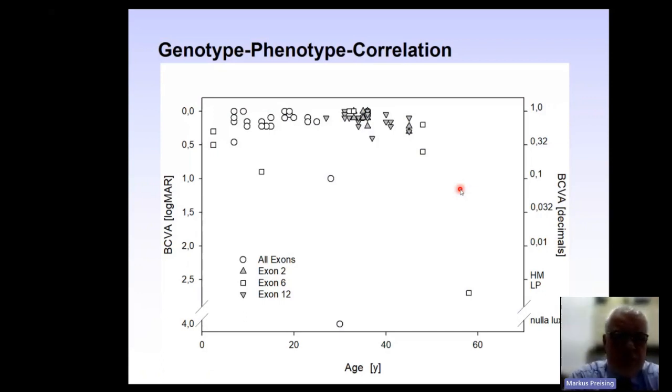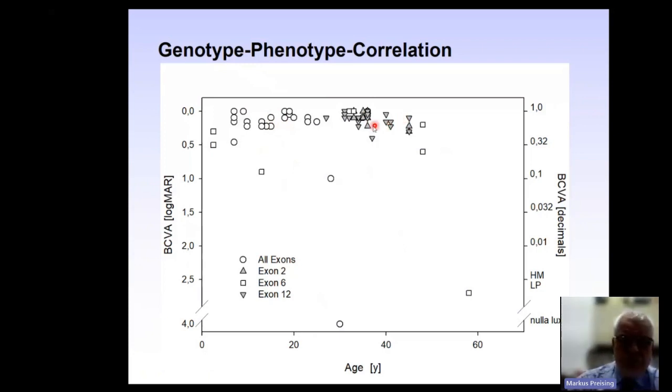Genotype-phenotype correlation is a weird thing here. As you can see here, if you compare all the exons, mutation anywhere, you find patients with a reduced visual acuity at a very early age.